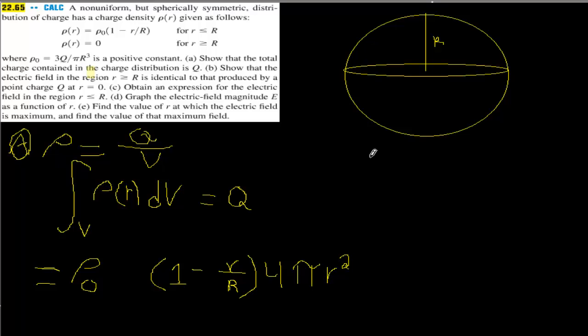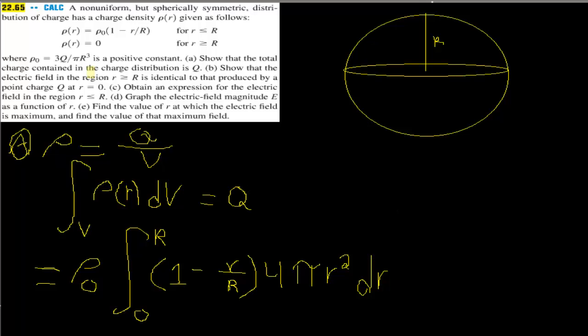And so if we integrate some surface area of this volume by the density function, we'll get the charge of one layer of the sphere. And if we integrate this from the center of the sphere all the way to the end of the sphere, which is going to be of radius R, we integrate it with respect to r, we'll be left with the charge.